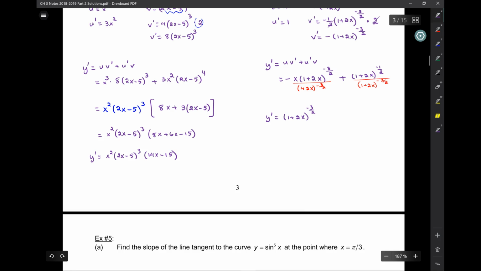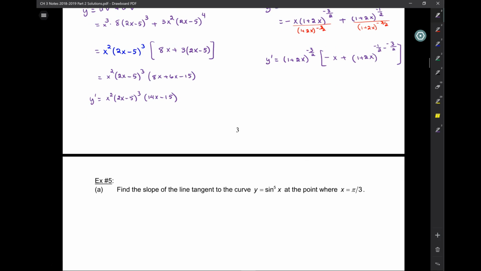Okay, so now let's see what I have left. From this first part, I have a negative x plus, here I have 1 plus 2x to the power of negative 1/2 minus negative 3 over 2. Remember this.